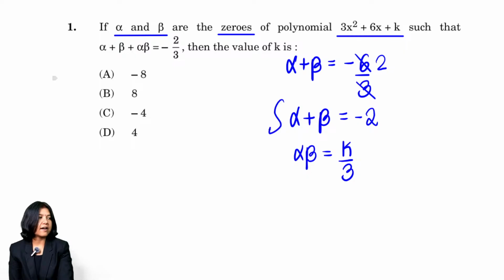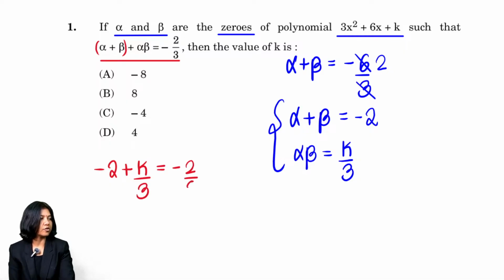So once I have the values of the two, now the question has given me one more piece of information, that alpha plus alpha beta is equal to minus 2 upon 3. So I will use this equation, and into this equation I'm going to plug in the value of alpha plus beta, which I got as minus 2, and instead of alpha beta I'll write down k upon 3. So this is equal to minus 2/3.